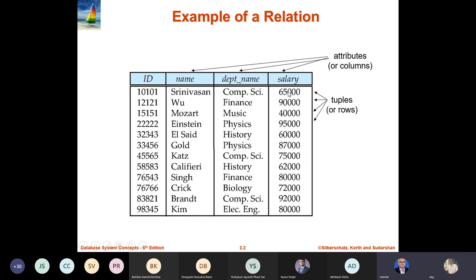These are the things which are related to this person called Srinivasan. It may be a person called Mozart, Einstein and things like that, right? And this collection of such tuples is what we call a table.